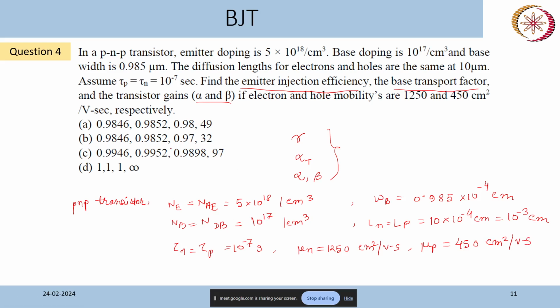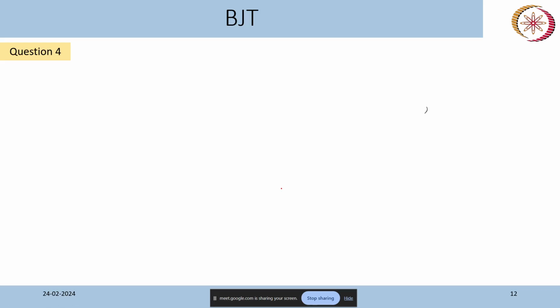Now first we want to calculate the emitter injection efficiency. I'm directly using the formula for emitter injection efficiency. These formulas were derived in the lectures, you can refer to those.